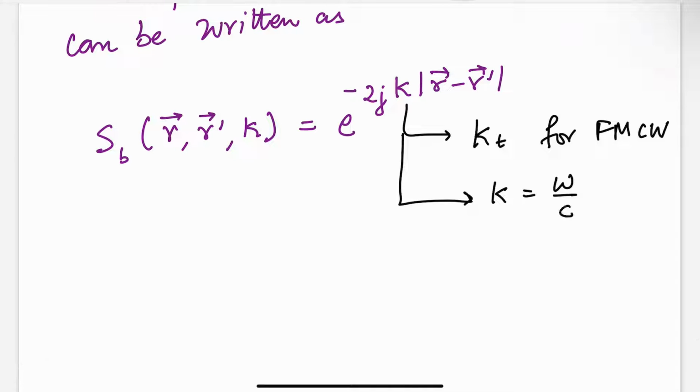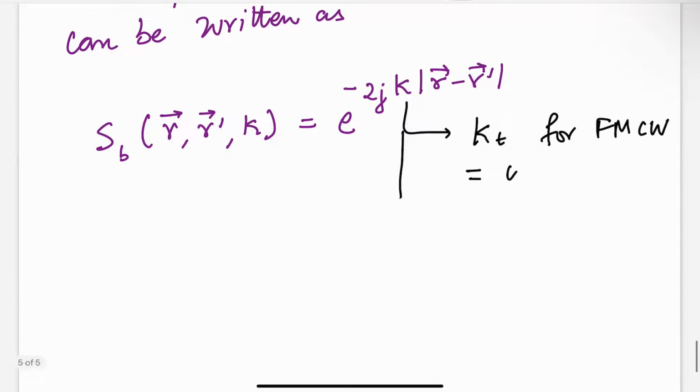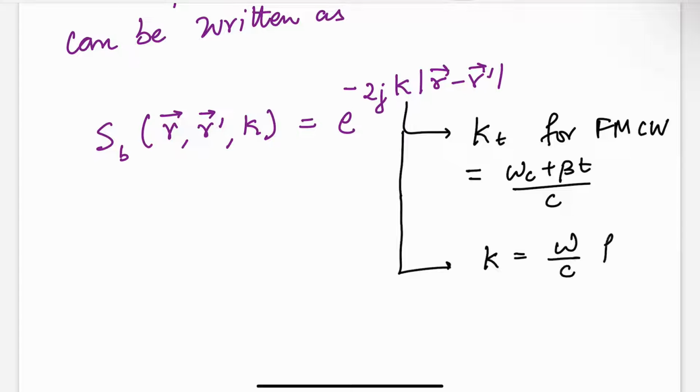So k_t is equal to (ω_c + βt) over c. And this is simply k, which is ω over c, for pulsed and step frequency. Okay.